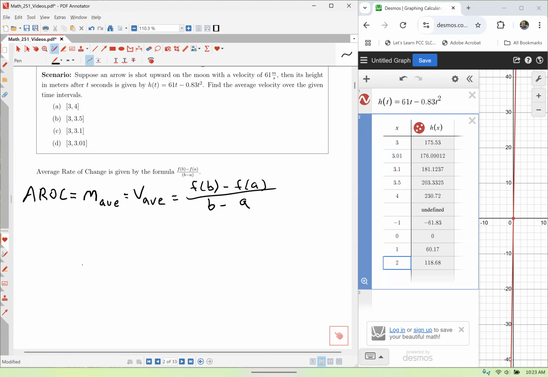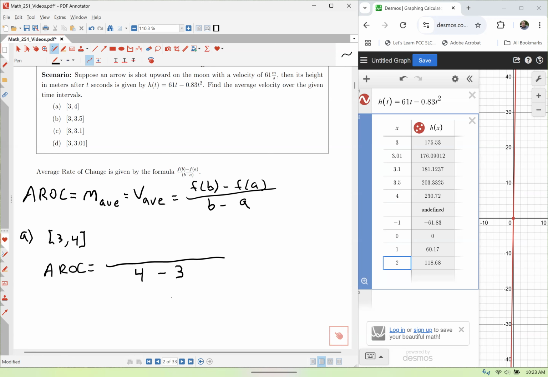So let's look at part A. This is on the interval [3, 4]. To find that average rate of change, we are going to subtract the x values down at the bottom, b minus a. So that's going to be 4 minus 3. You could do them in either order, you just have to be consistent.